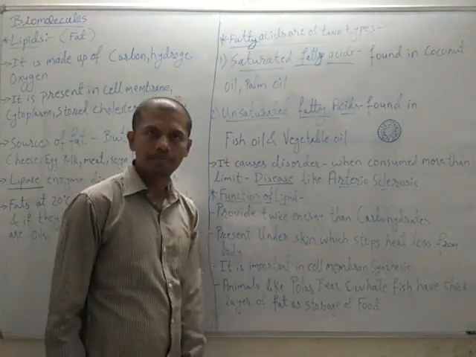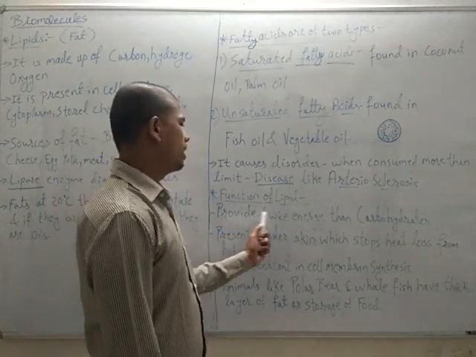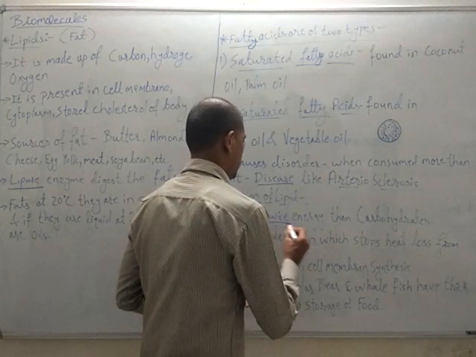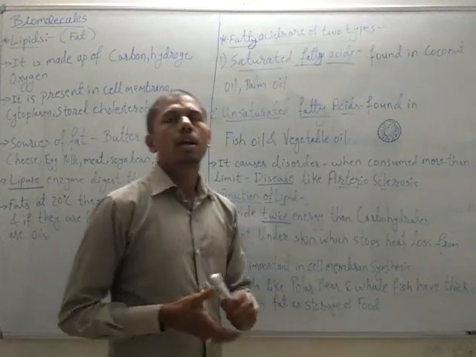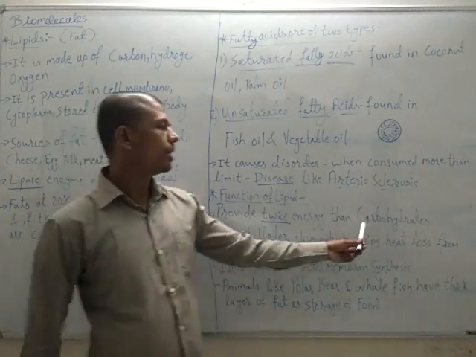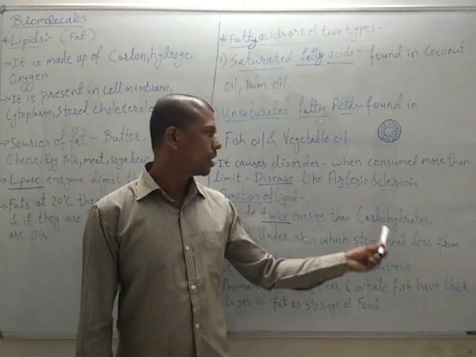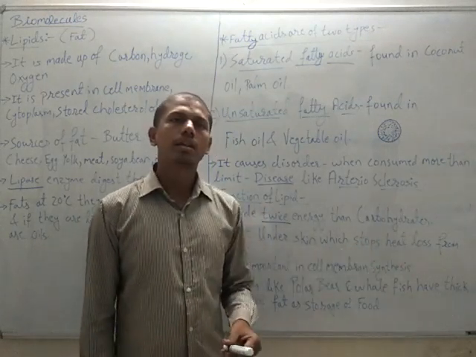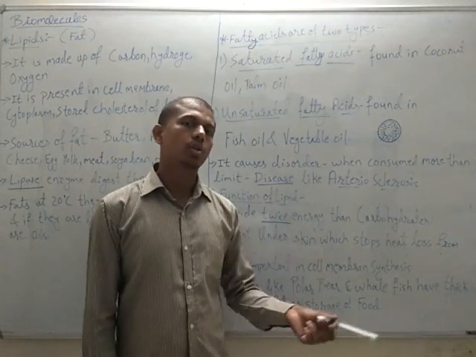Function of lipid. Lipids provide twice the energy of carbohydrates. In previous lectures we have studied that carbohydrate is a good source of energy, because when carbohydrates are digested, ATP is produced. What is ATP? ATP is an energy rich molecule.